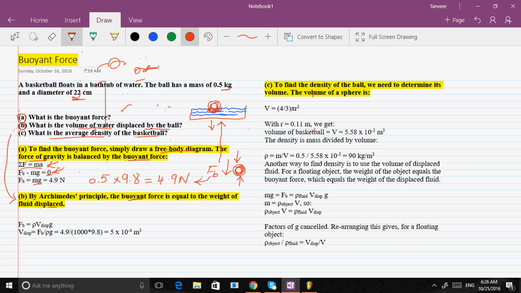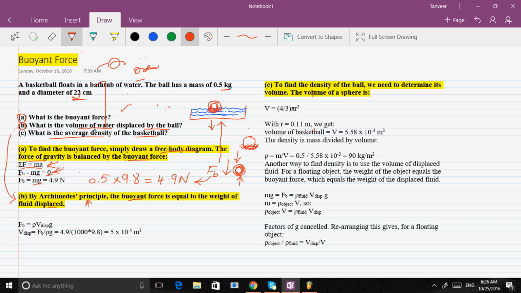This is the Archimedes principle. Here we have a ball, and the ball is submerged in the water, and some water is displaced because of the volume of the ball. So Archimedes' principle says the buoyant force is equal to the weight of the fluid displaced.